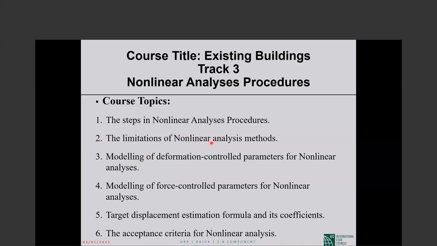Other than that, there is no big limitation for the nonlinear methods. There are preferable methods in the existing buildings.